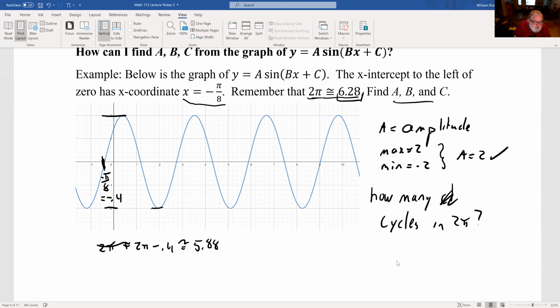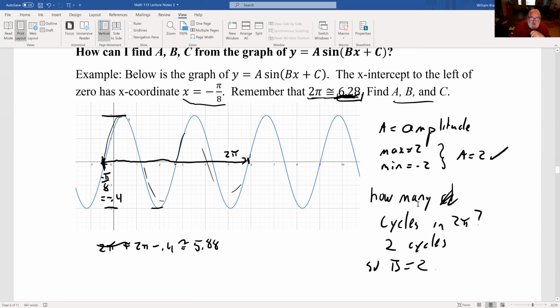So if we start here and we look for 5.88, that'll be around here. So right there. This distance, that's 2 pi, because we just started at this point and looked how far to the right is 6.28. So 1 cycle, 2 cycles, 2 complete cycles. So B equals 2. Great.